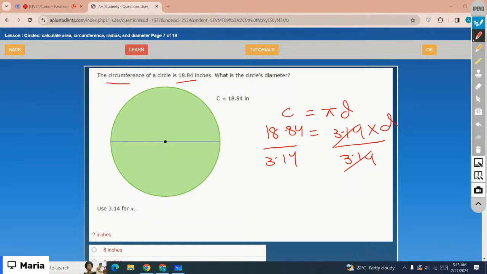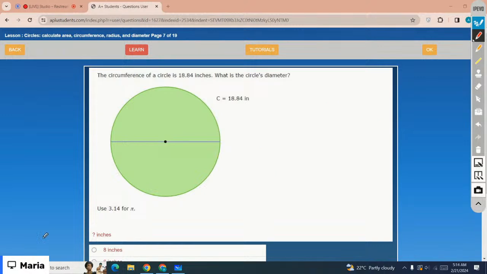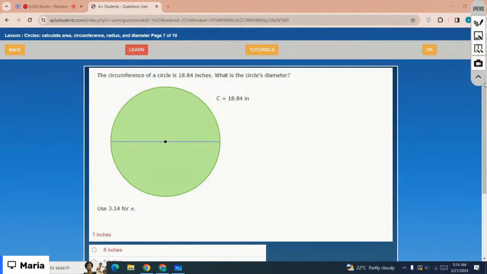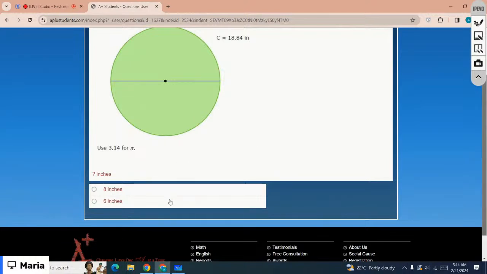That means the diameter of the circle is 6 inches. The correct option is d equals 6 inches, right?